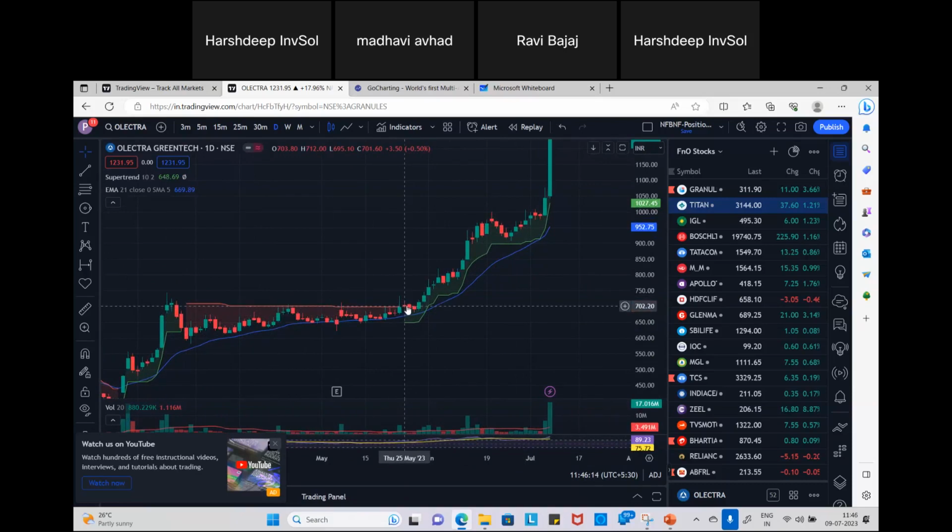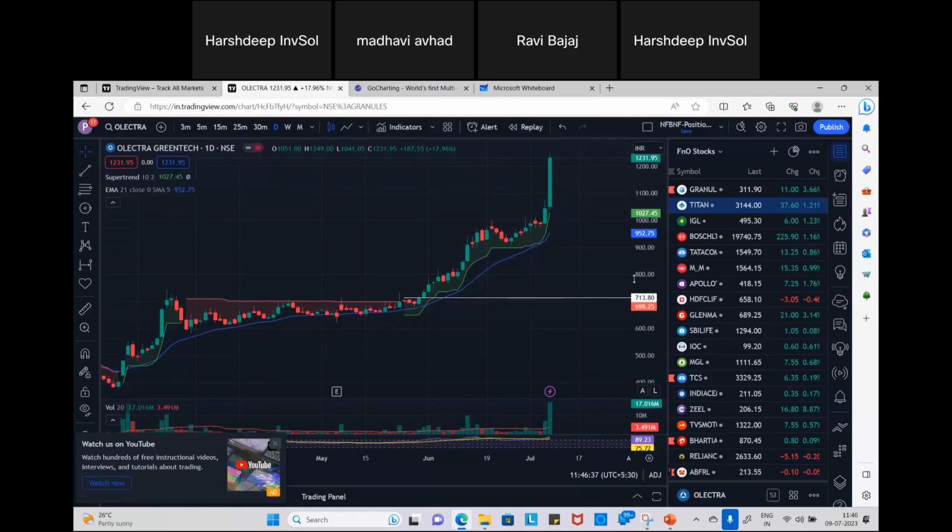So in this case, all you need to do is follow the strategy of entry above this candle high. Okay, so this is your entry point.